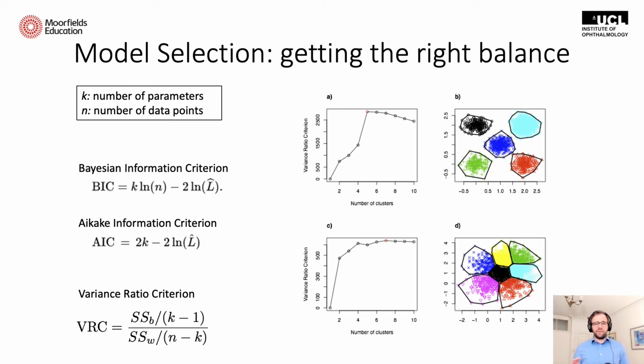So this is still the same number of clusters. However, now you can see that the variance ratio criterion is no longer 5, but it's 6. So it overestimated the number of clusters. This highlights that these sorts of methods might overestimate the number of parameters if the data is noisy.